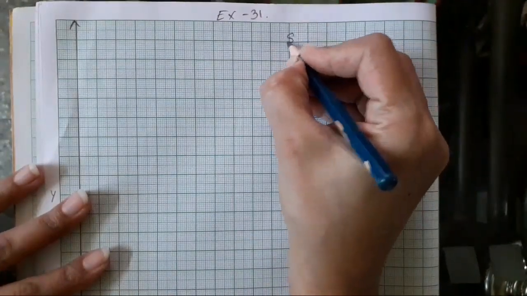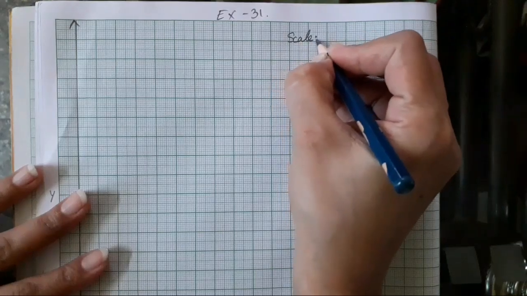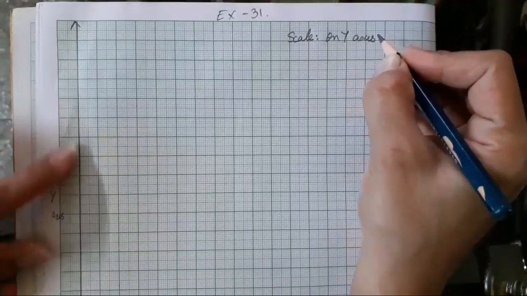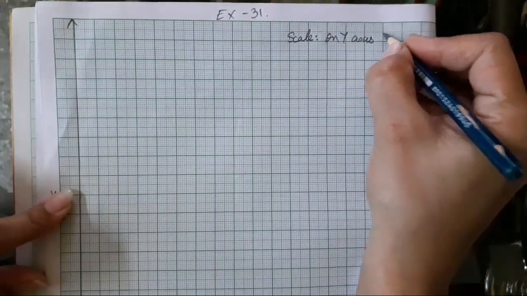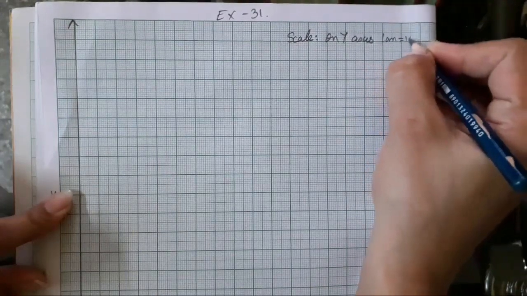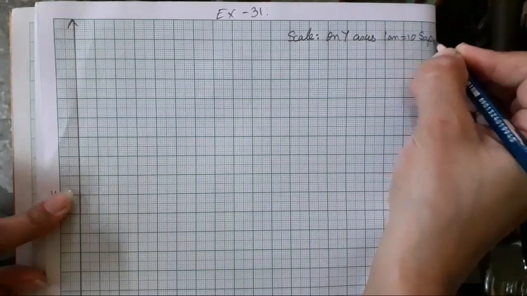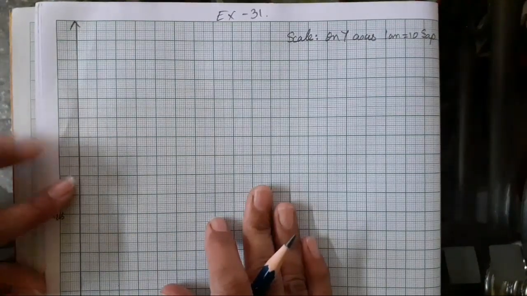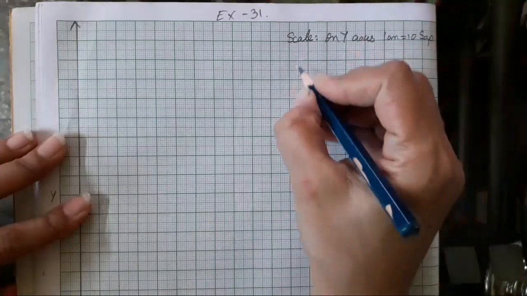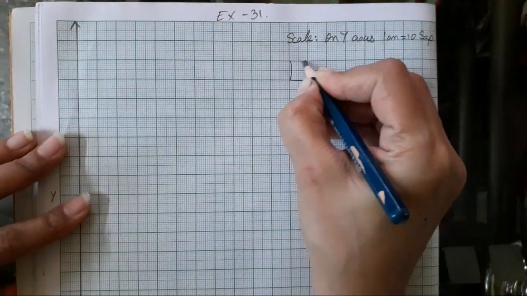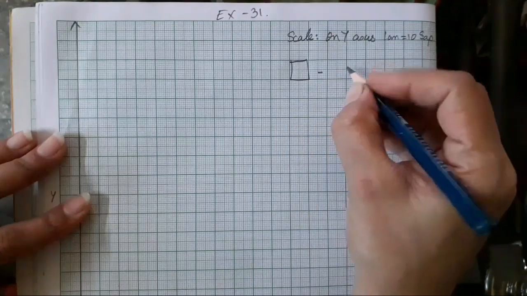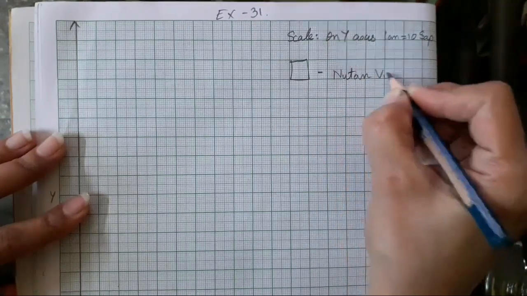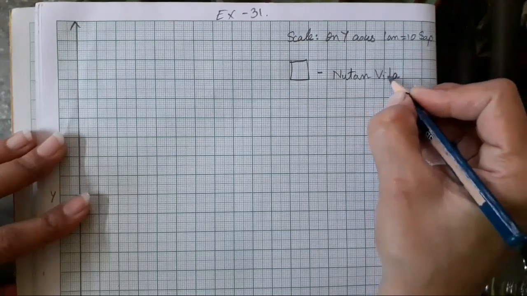Scale will come over here. Scale on y-axis, that means on this axis, we are going to take 1 centimeter is equal to 10 saplings. So 1 bar will be blank. We will keep this for Nutan Vidyalaya because 2 schools have been given, isn't it?